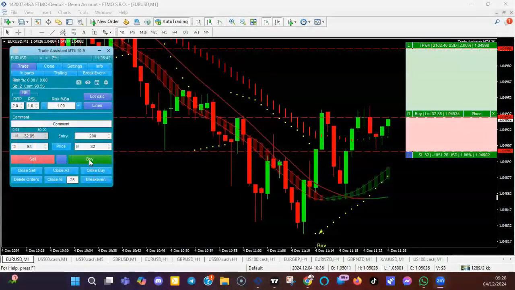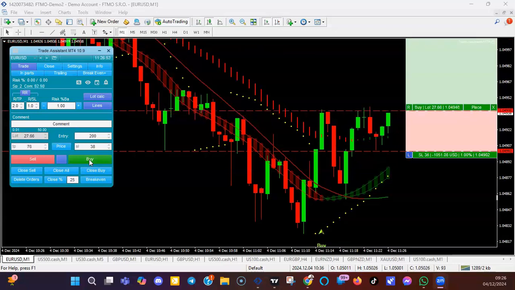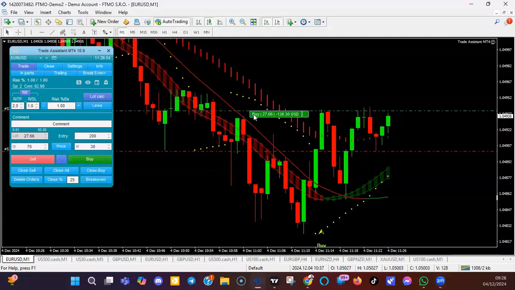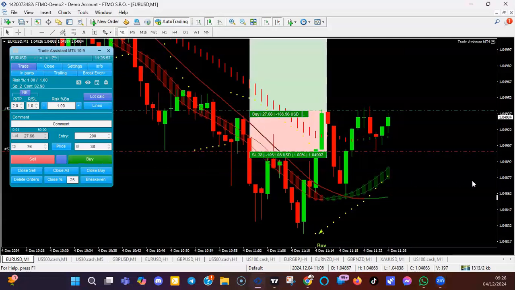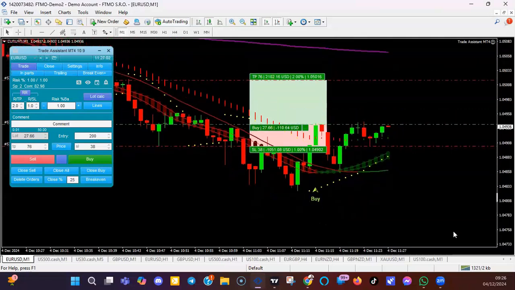Okay, so I'm just about to get into a buy trade on the EUR USD. Trend line has gone green now. So the time I bought that one. 3.8 stop loss.